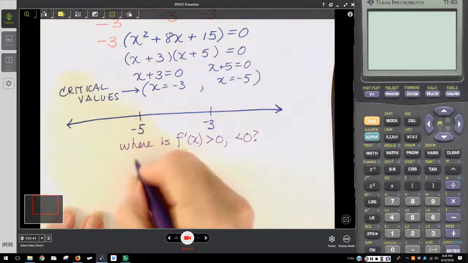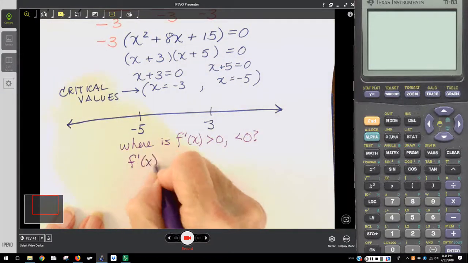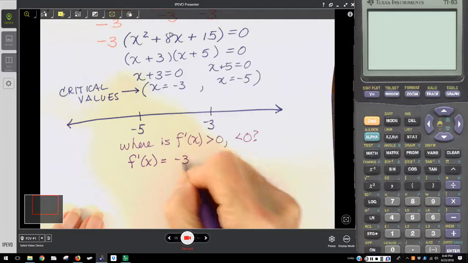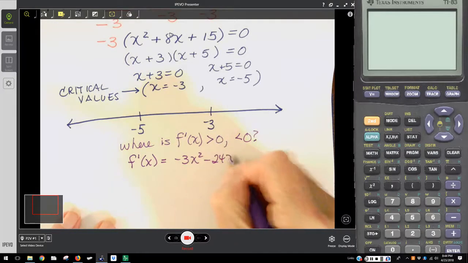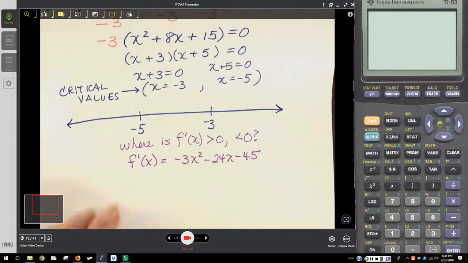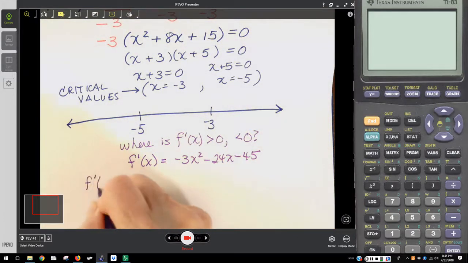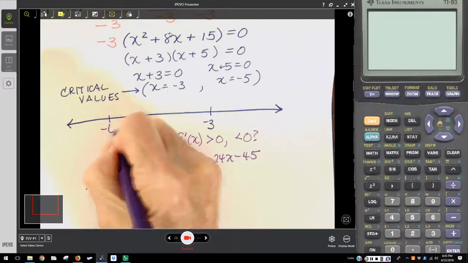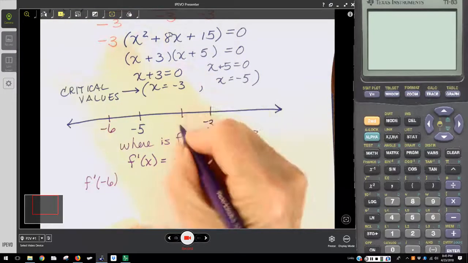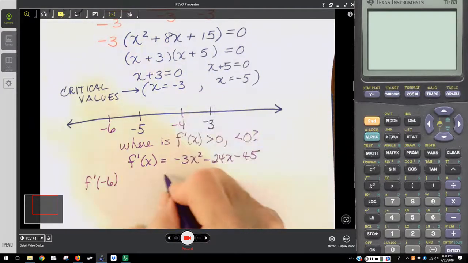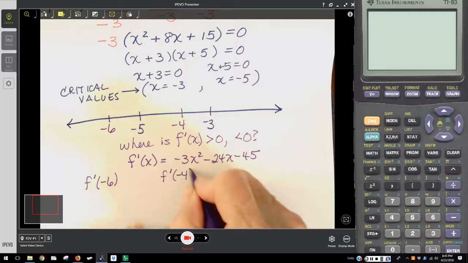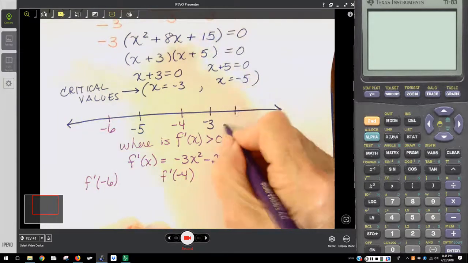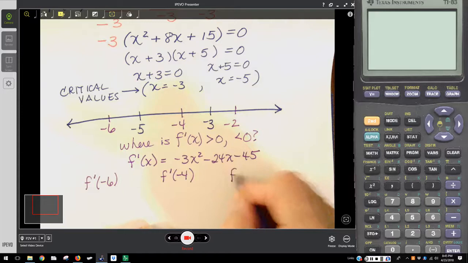So remember, f prime of x is equal to -3x squared minus 24x minus 45. So we need to evaluate f prime of, let's say, -6, and f prime of, let's say, -4, and then f prime, we could use 0, but I'll use -2, just for the sake of consistency.